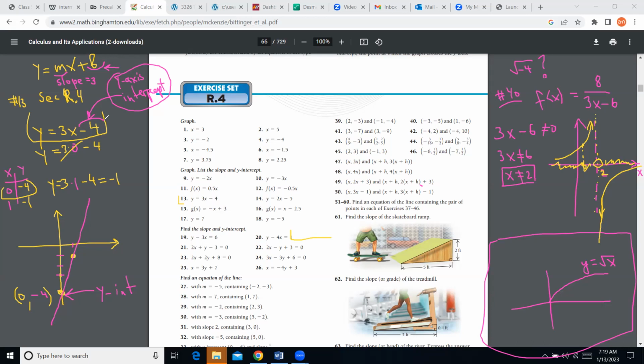Sometimes people actually use this intercept and a slope, and what this means is that now I can see how one can get from one point to the other, going first horizontally and then vertically.